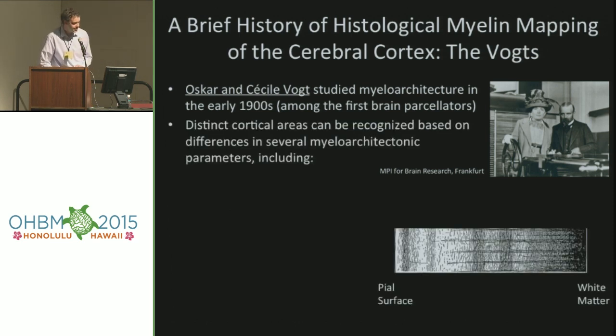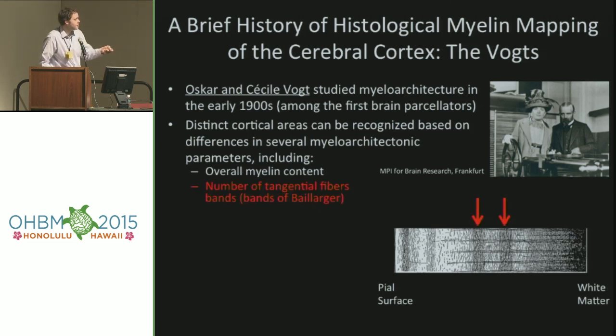They recognized distinct cortical areas based on several myeloarchitectonic parameters, including the overall myelin content, which basically would be the average of this myelin-stained piece of a section here, the number and strength of the tangential bands, which are indicated by the red, the bands of Baillarger, and the density of radial fibers that point from the white matter up to the pial surface.